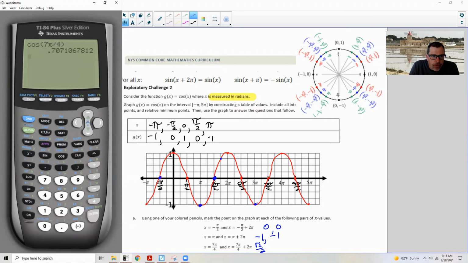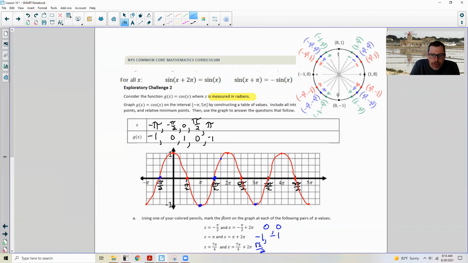And I get 0.7071, and the square root of 2 divided by 2 is 0.7071. So that is root 2 over 2. 7 pi over 4. I could have also gone up here, and this is pi over 4, 2 pi over 4, 3 pi over 4, 4 pi over 4, 5, 6, 7 pi over 4 is right here. Cosine's root 2 over 2.